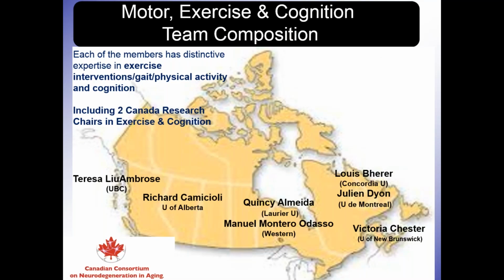I do want to mention that Canada is very fortunate to have a team of researchers called the Canadian Consortium for Neurodegeneration and Aging that is working across the country to try and combat some of these issues with Parkinson's and even memory disorders like dementia and Alzheimer's disease, with exercise treatments, studying motor function and cognition.